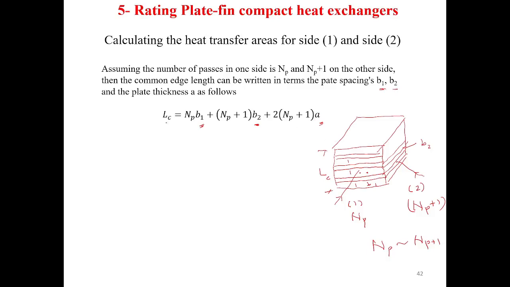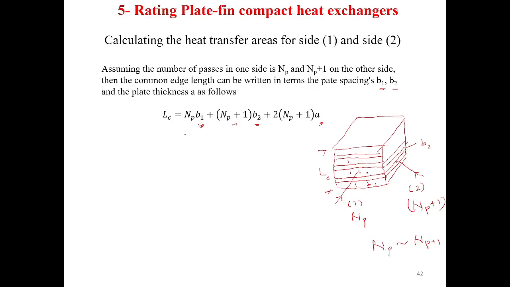So now you can write the common edge as the number of plates multiplied by B1 for side 1, and then the number of plates plus 1 multiplied by the spacing for side 2, B2, plus you have NP plus 1. If you add this one to this one, you get 2 NP plus 1, which is the total number of plates, multiplied by A, which is the thickness of each plate. So the whole thing is going to be LC.